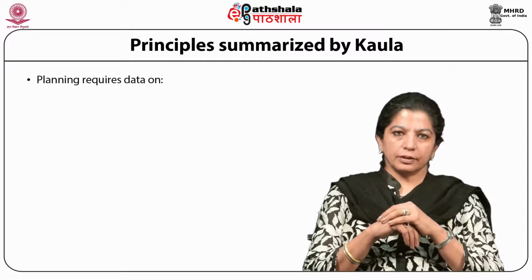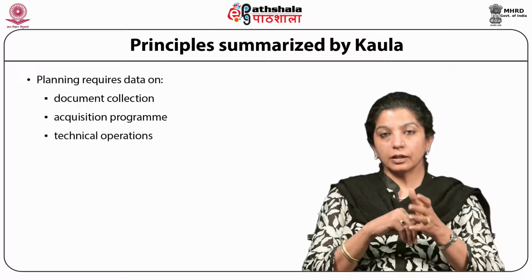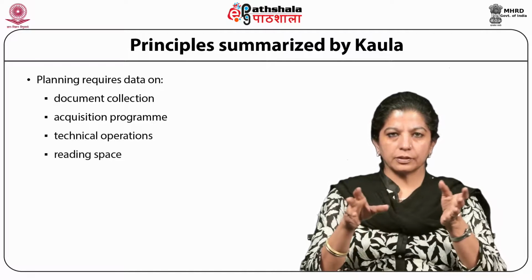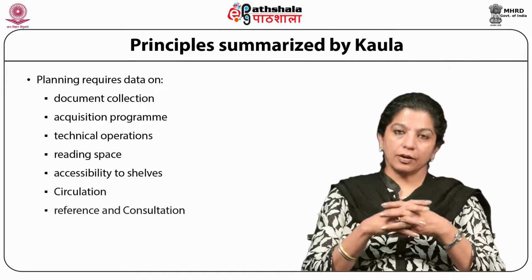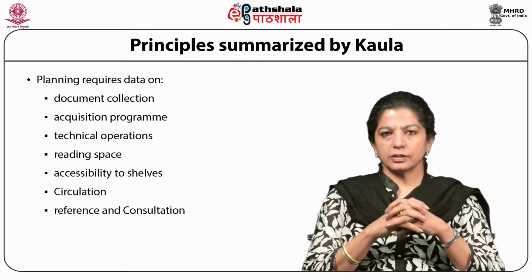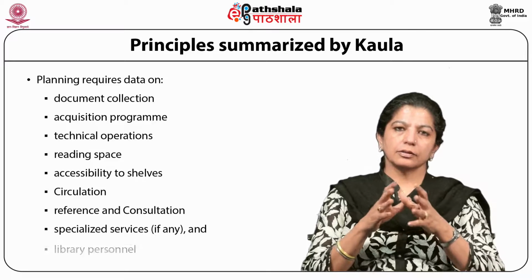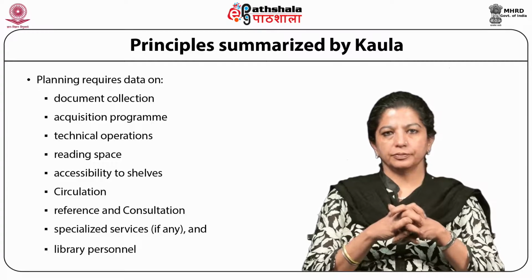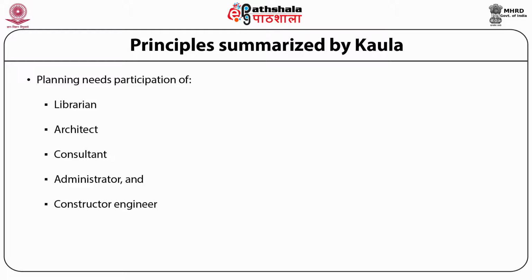Planning requires data on document collection, acquisition program, technical operations, reading space, accessibility to shelves, circulation, reference, and consultation, specialized services, if any, and library personnel. The entire planning activity needs the participation of the librarian, architect, consultant, administrator, and the constructor engineer.